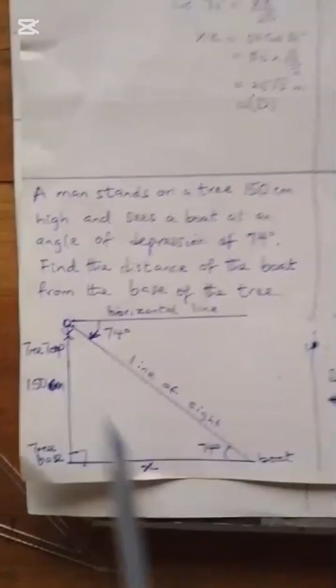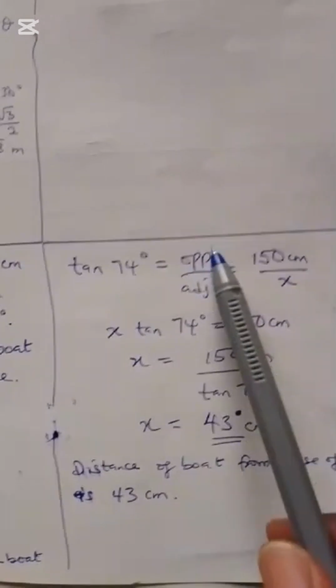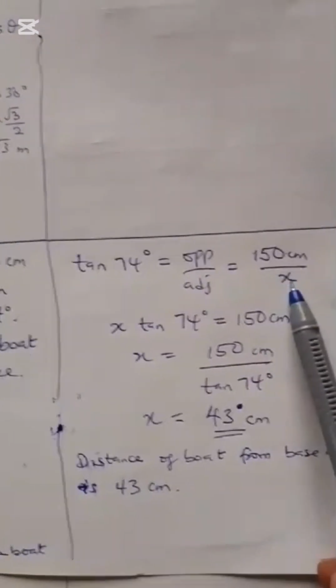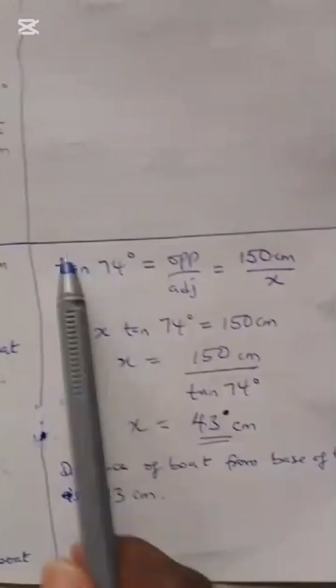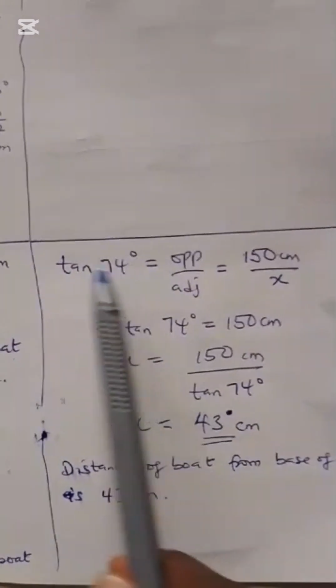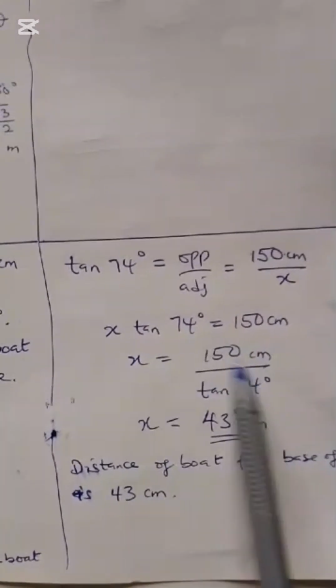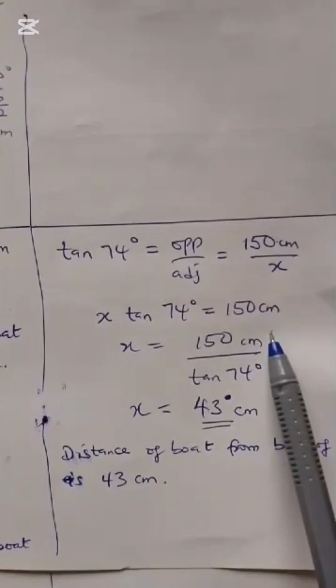What connects opposite and adjacent is tangent. So tan of 74 degrees equals opposite over adjacent, 150 over x. You can cross multiply: let x come up and multiply tan 74 degrees, and 74 degrees can come down. Rearranged, x equals 150 over tan 74 degrees. Remember, it's in centimeters.